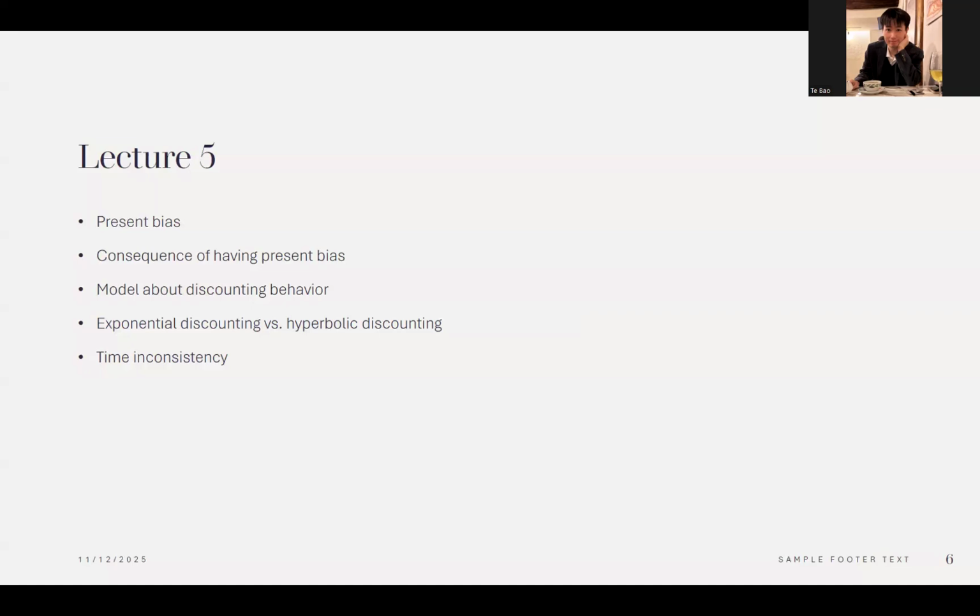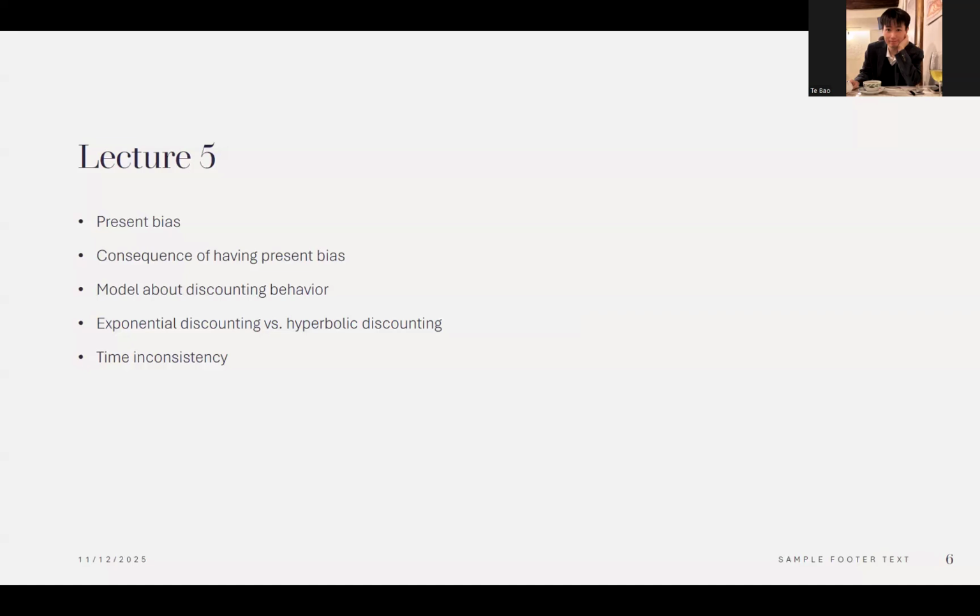Because of present bias, we also have an overall time inconsistency pattern in people's behavior. In one sentence, people appear to be more patient when trading off between the near future and far future than over the same time interval from now to the future. So people appear to be more patient when they are moving away from now.